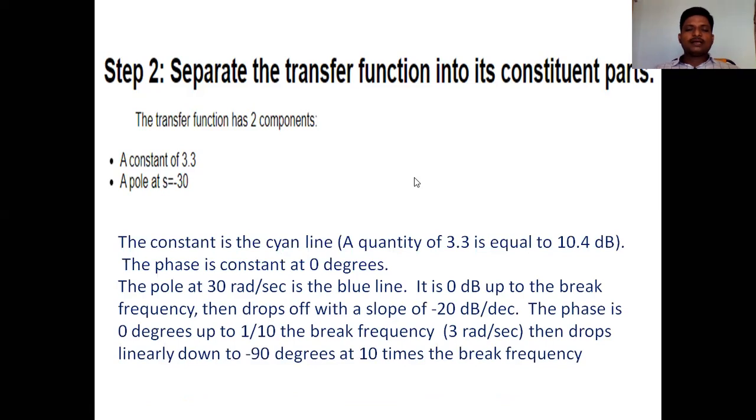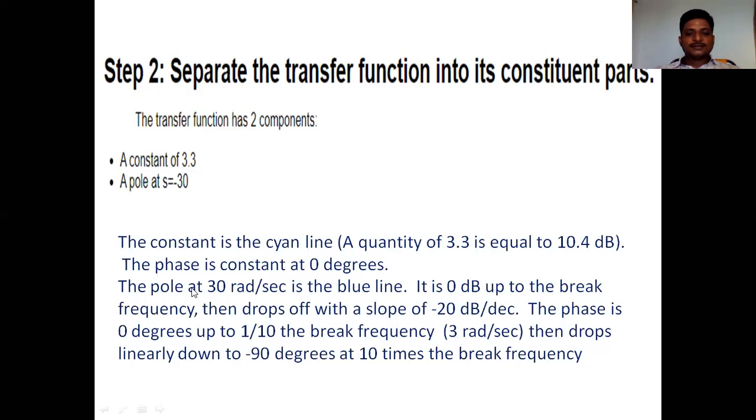So the slope you have to write is minus 20 n, which means minus 20 dB, because the power is 1. So it is minus 20 dB per decade. And the phase, how can you calculate phase? Phase phi is equal to minus tan inverse of omega by t. If you calculate, then you will get a frequency of 3 radians per second.